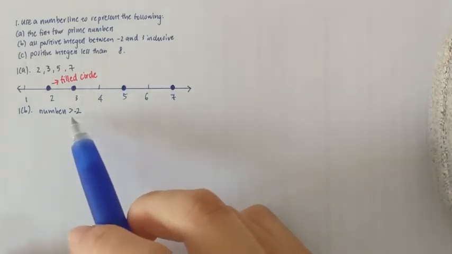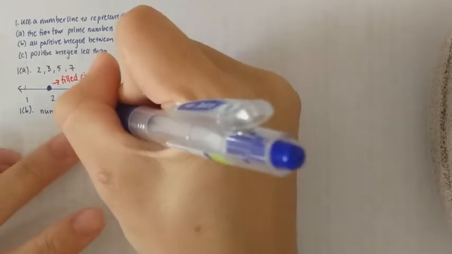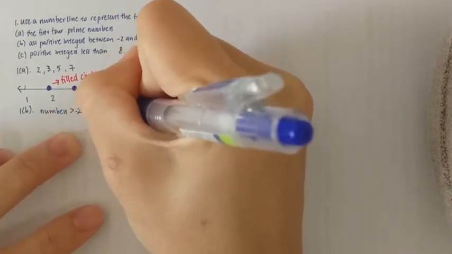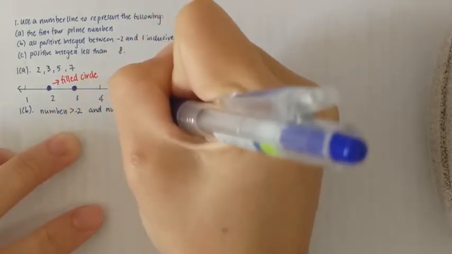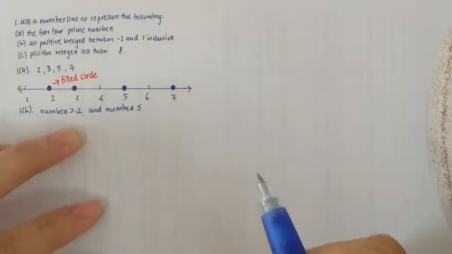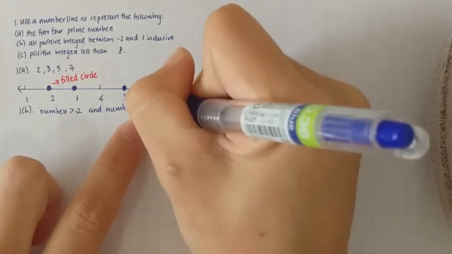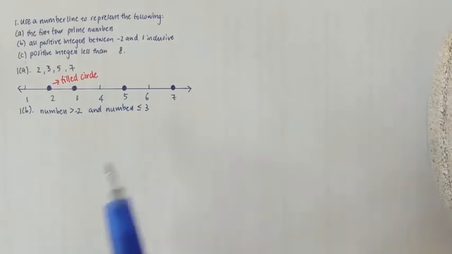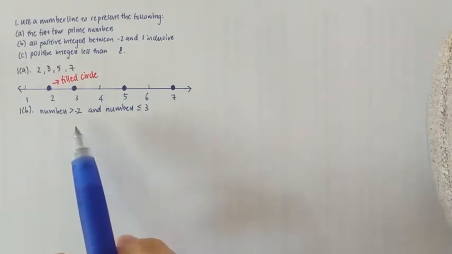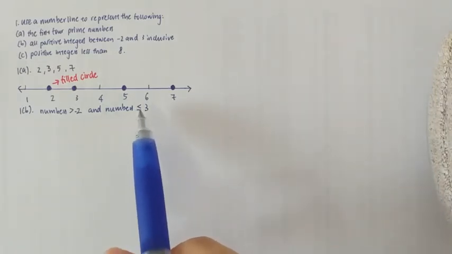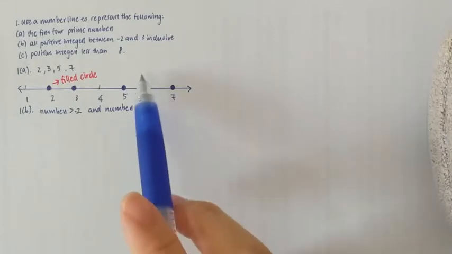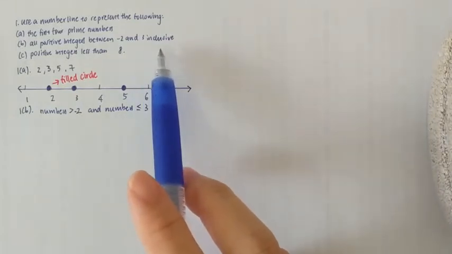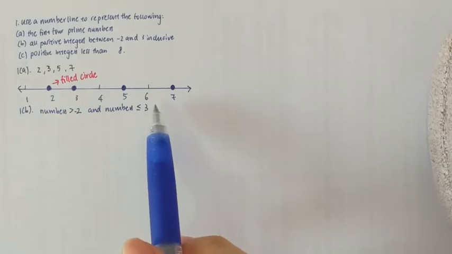We want numbers more than -2 and numbers smaller than or equals to 3. Now, we have numbers smaller than or equals to 3 because we have 3 inclusive. That means 3 is included in our answer.